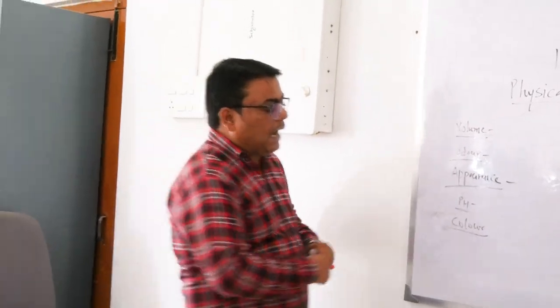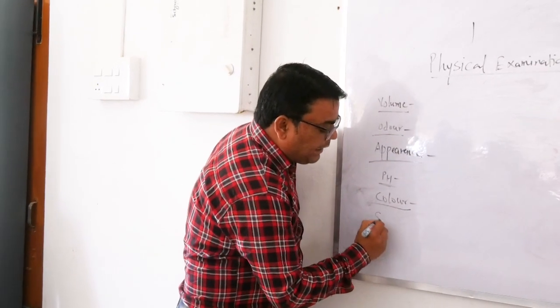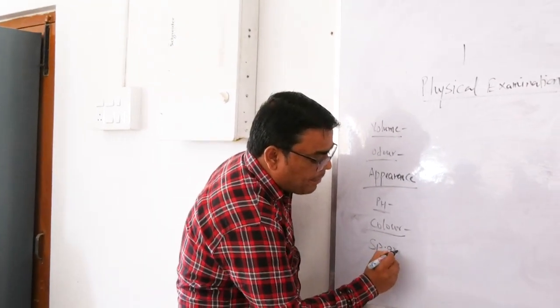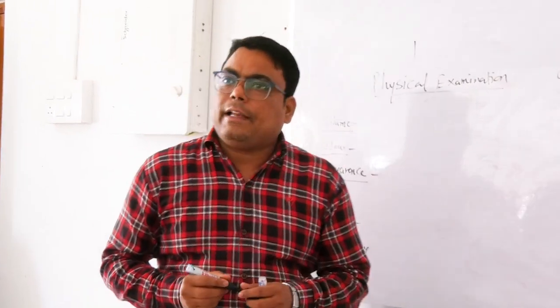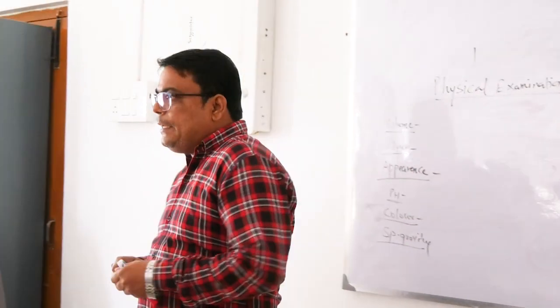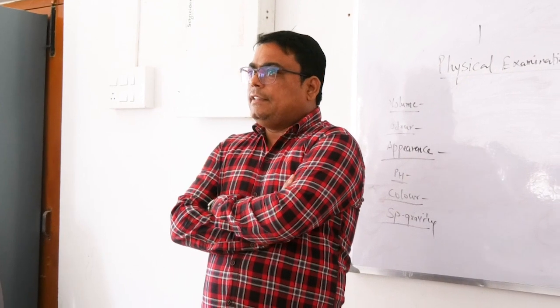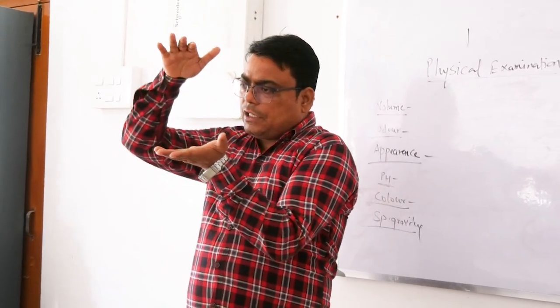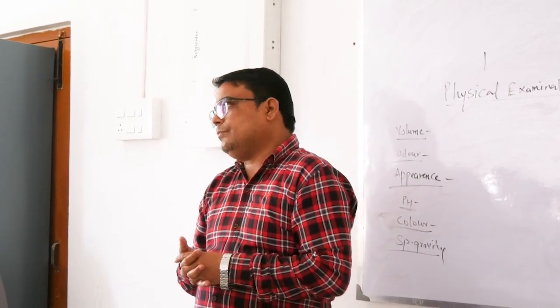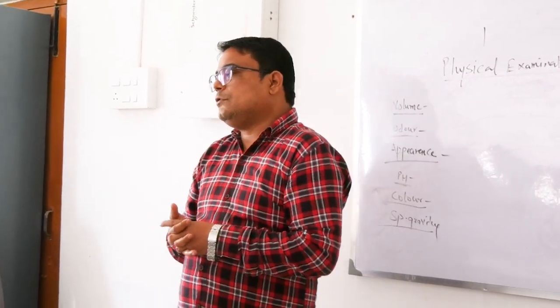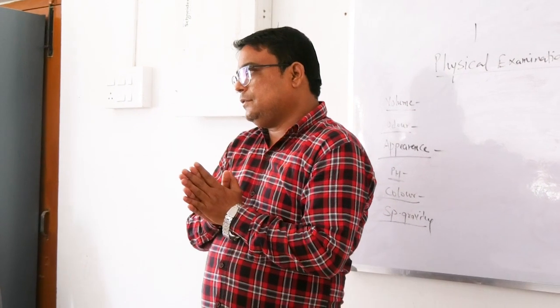Color is done. Now comes specific gravity, 1.0. What is the meaning of specific gravity? What is the meaning of specific gravity? Compared with water, there is a density. A particular molecular density in a particular volume is present in the urine.